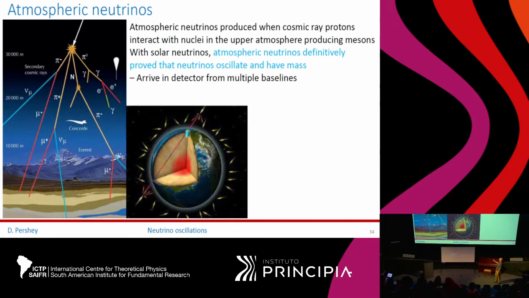These atmospheric neutrinos are coming at us from all directions, and at these low energies the neutrinos can pass through Earth quite happily and interact in your detector, with neutrinos coming from different angles having different baselines on which to oscillate. So we can use the calorimetric energy information from the detector plus the directional information to get L and E estimates, and again observe this L over E dynamic behavior.